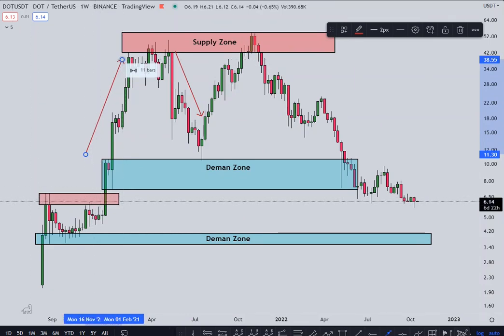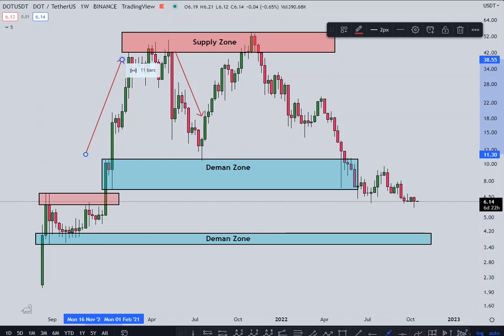So what is a supply zone? I'm going to talk about the supply zone from the perspective of technical analysis, specifically in financial markets, how we can identify these important zones and how we can trade them.